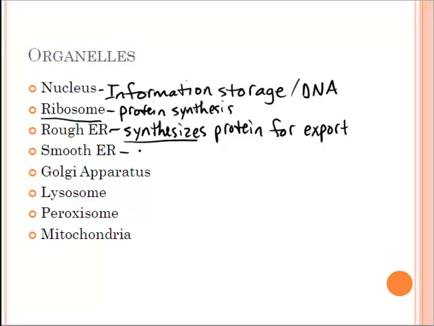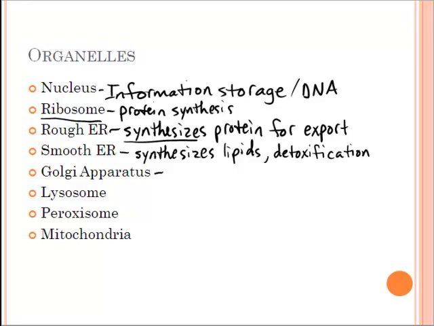The smooth ER synthesizes lipids, so fats, and then also does some detoxification of things like alcohol and those sorts of poisonous substances.